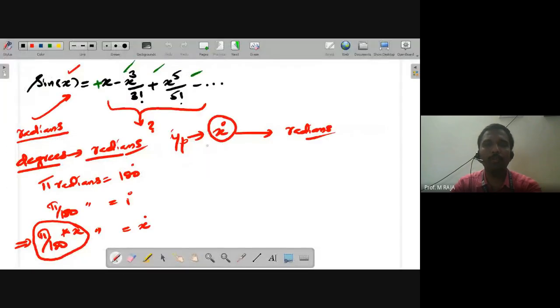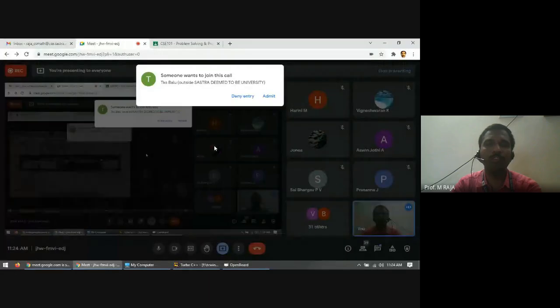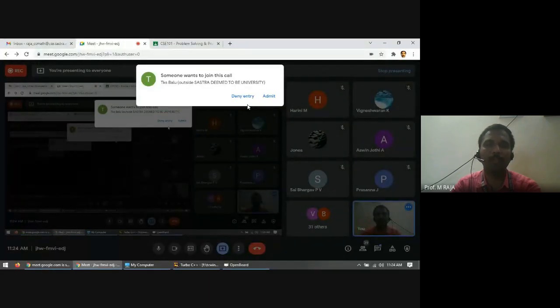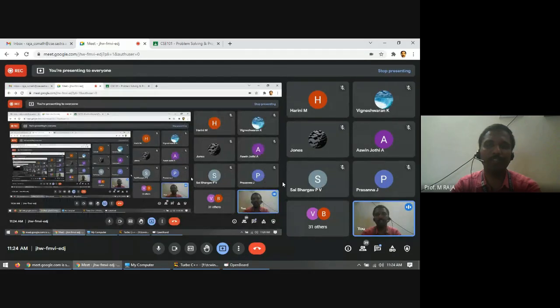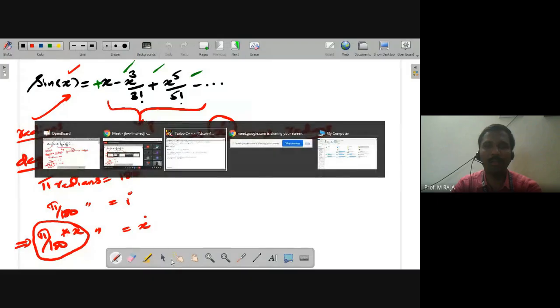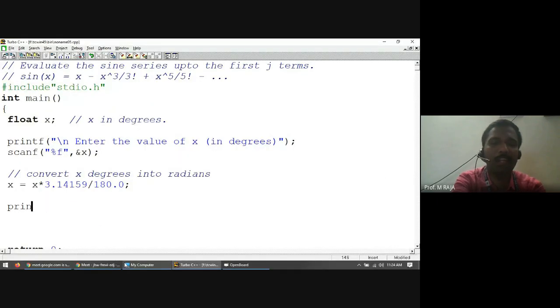We are going to input one more value, for example j. What is this j? J defines the number of terms. Write another statement, printf \n, enter the number of terms to be evaluated.